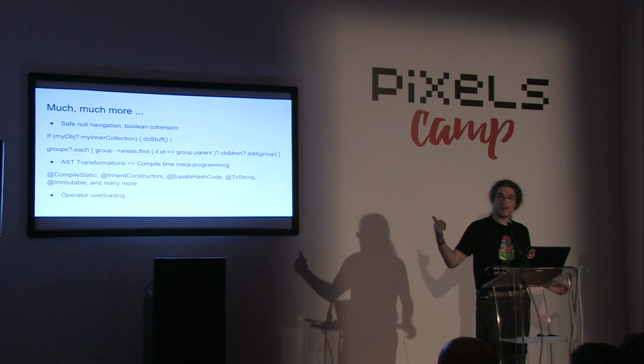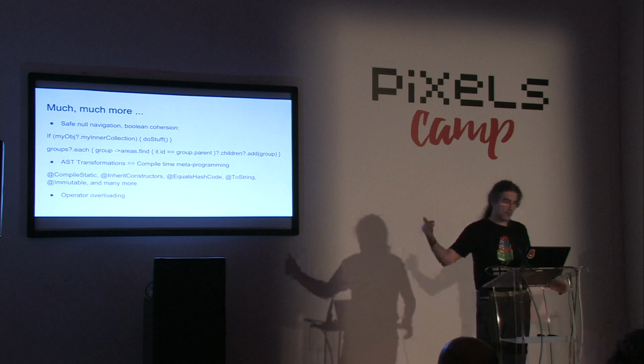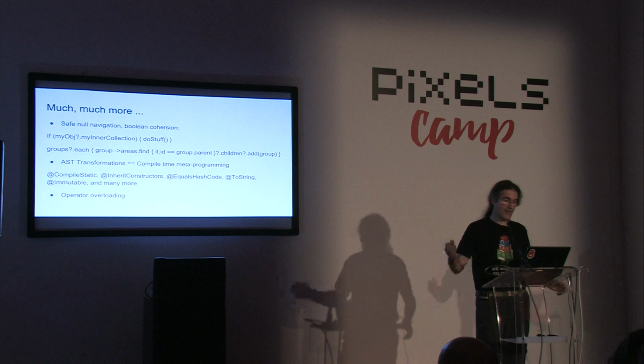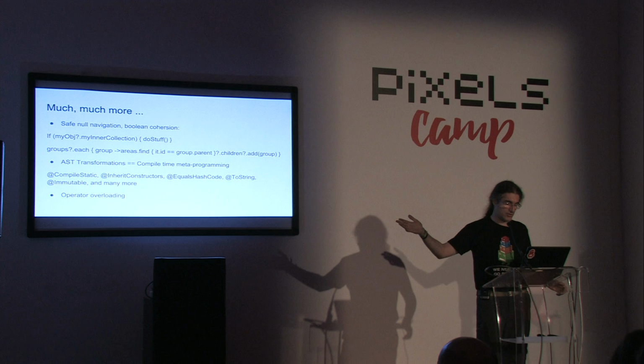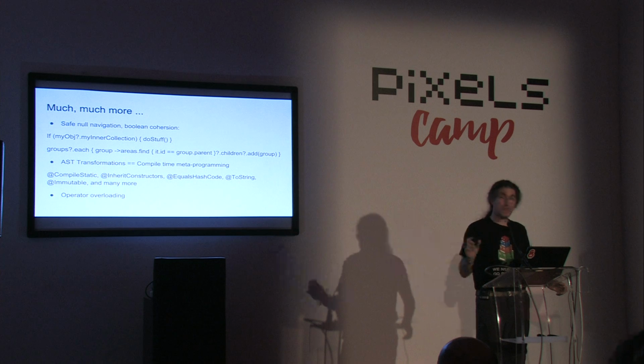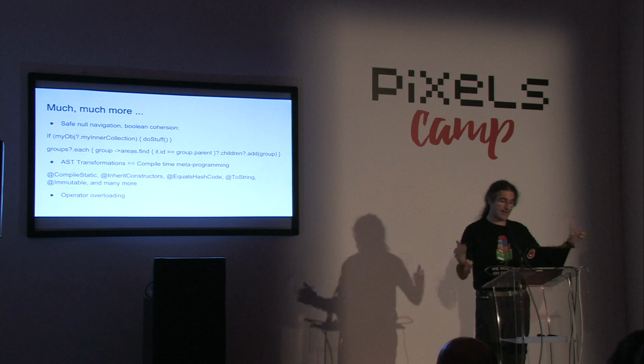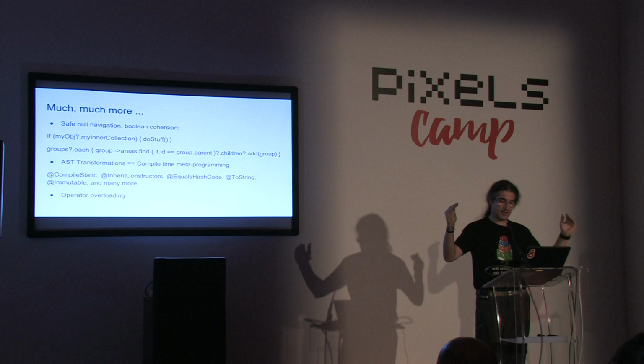Then I'm naming the variable instead of just using the default. So for each group, I'm doing something. I'm checking another variable that's not in this example, but I'm finding in that collection an item that has the same group parent, and it's really concise.